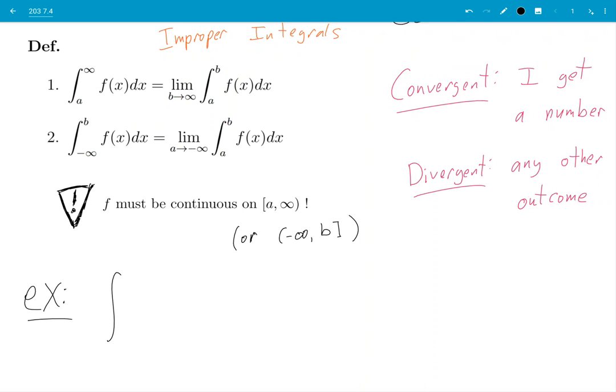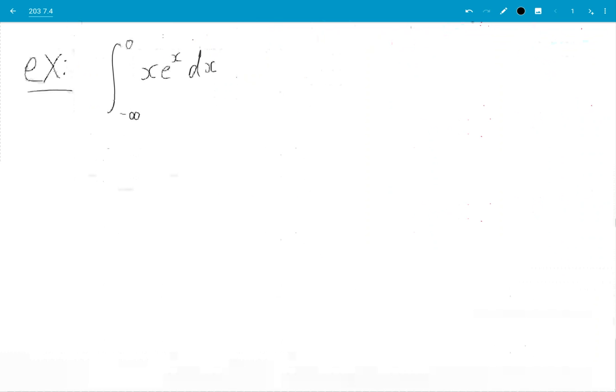Okay, example. So what do I do here? Well, this is just an integration by parts.